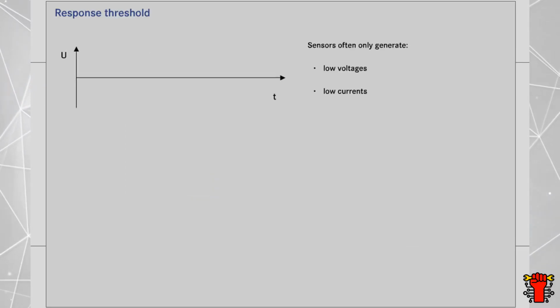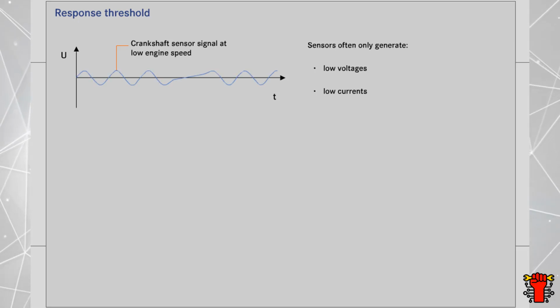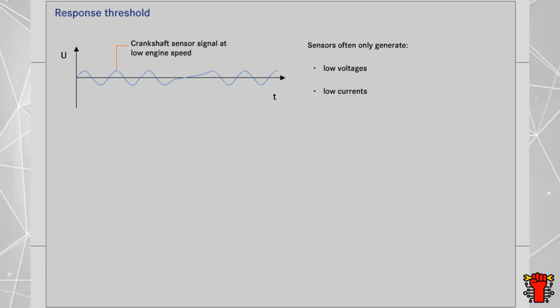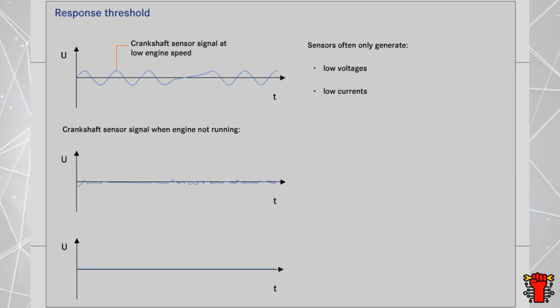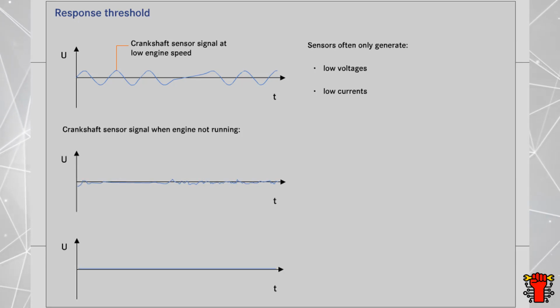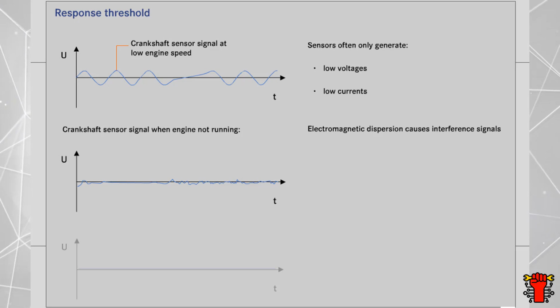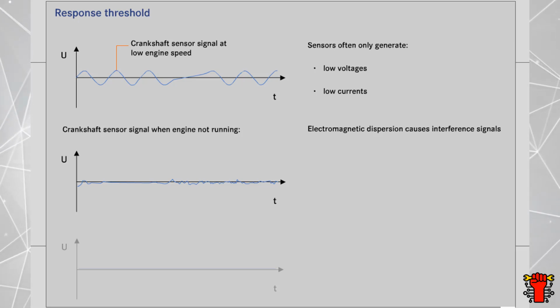Sensors often only generate low voltages or currents. For example, at low engine speeds, the crankshaft position sensor generates a signal with only a low output voltage. So what's the signal of the crankshaft position sensor like when the engine is not running? Even when the engine is not running, there are still low oscillation signals on the control module.